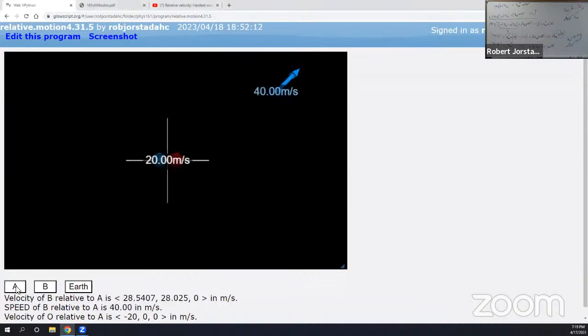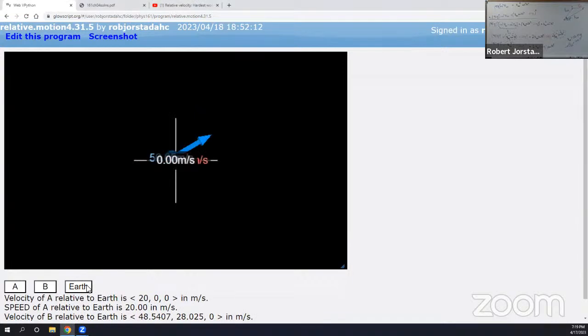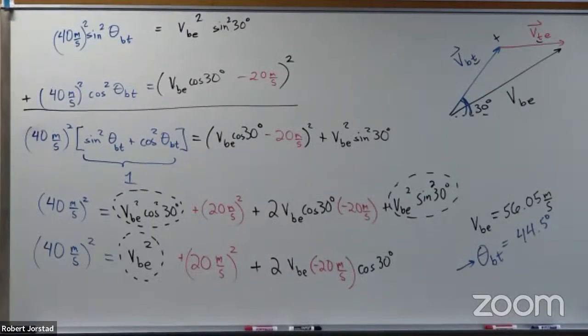So if we look at this from the train's perspective, the earth is moving backwards at 20. And notice in this case, the angle is a little steeper. So this angle is that 44.5 degrees. So you aim at 44.5, and in the end, it's going to come off at that other angle of 30. So if you aim it that way, it's going to come off this direction. I hope that makes some sense out of this.